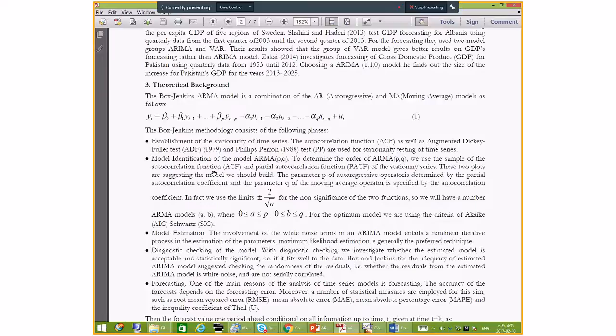How many autoregressions and how many moving averages to include in the model depends on the autocorrelation function and the partial autocorrelation function, ACF and PACF, of the stationary series. These two plots suggest the model we should build.